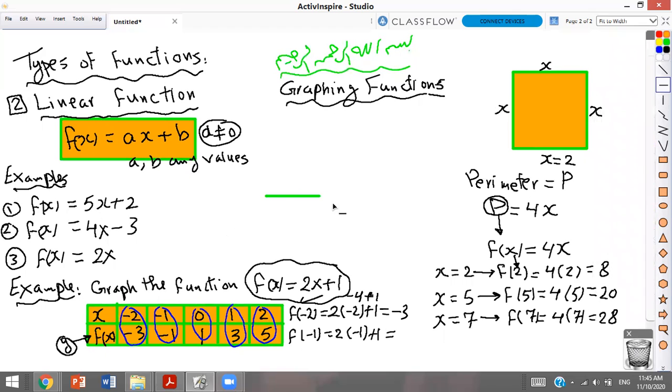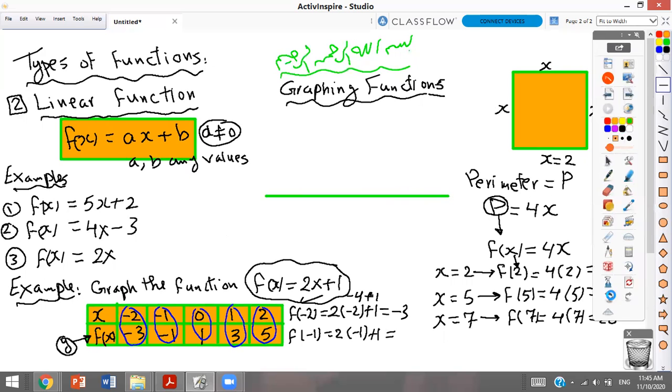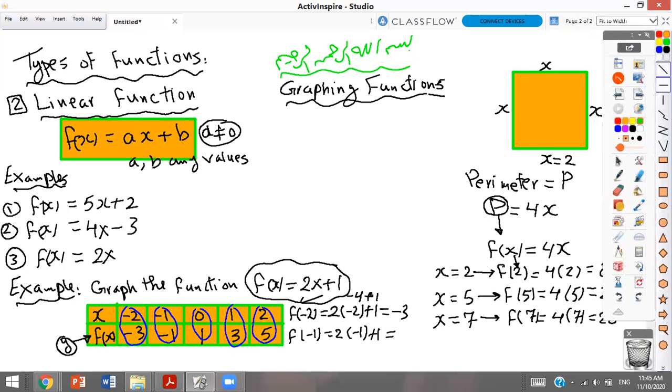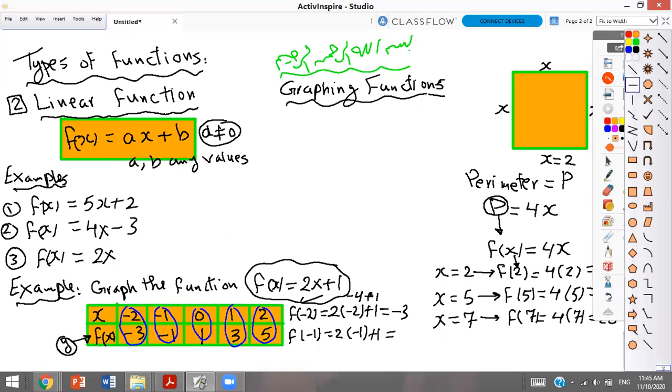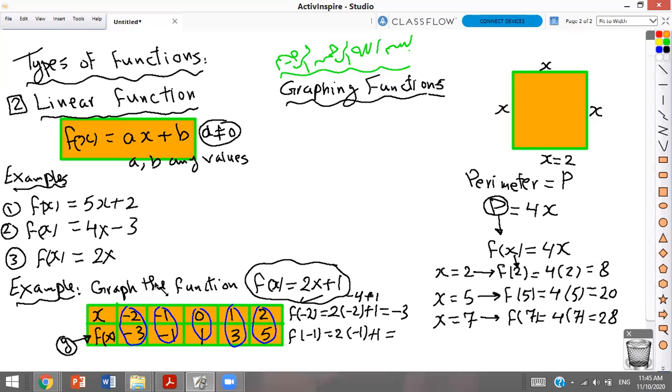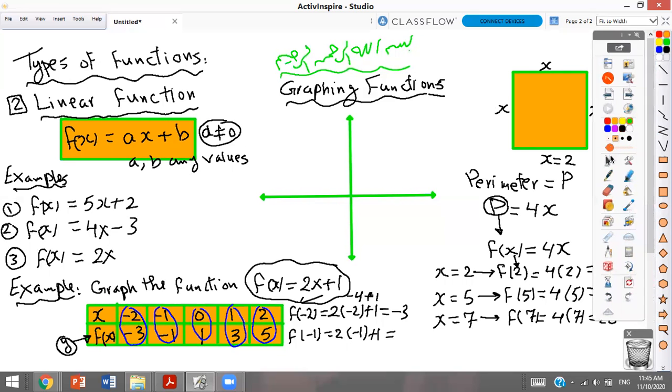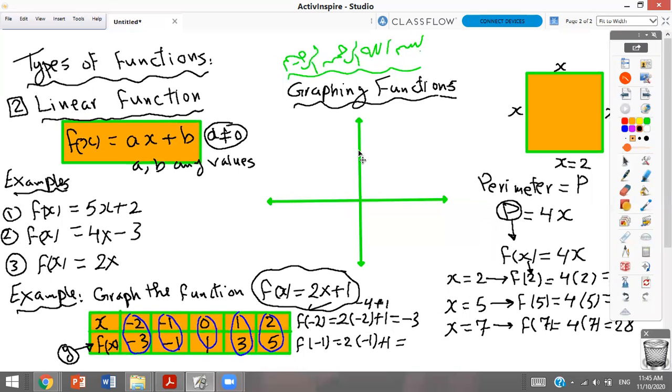This is our x. And this one? Okay. It is our x and y axis.